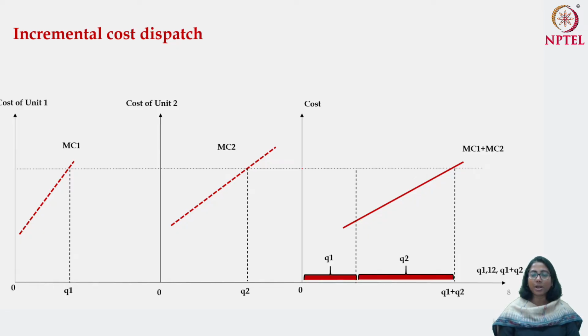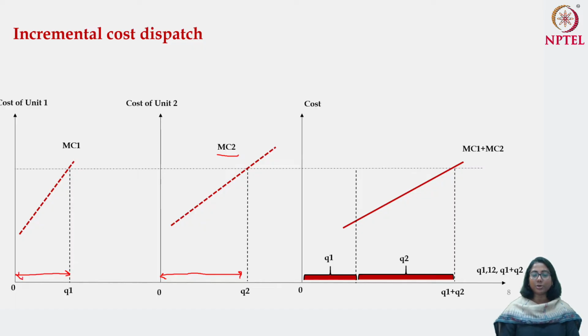Adding up this Q1 and Q2, by construction we get Q1 plus Q2. So the total output Q1 plus Q2 is divided among the first generation unit and second generation unit based on their marginal cost curve schedule. Now if you look here, we have already said that the second unit is probably more efficient as compared to the first unit, and therefore whatever is being produced by the second unit, so this much, is much bigger than what is being produced by the first unit, so this much.